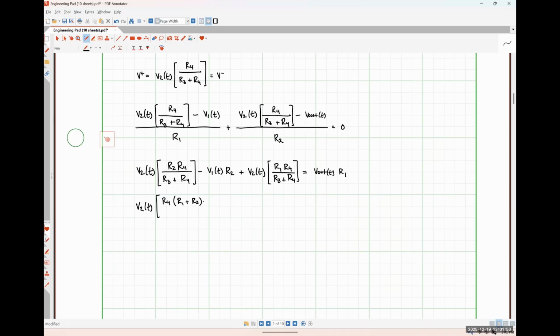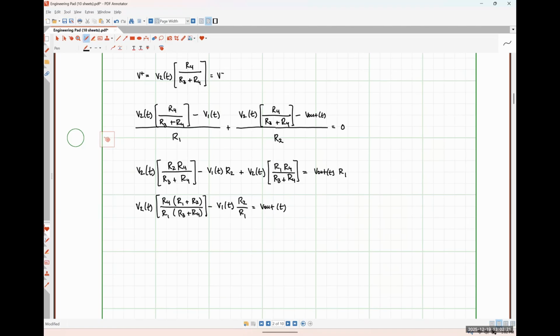If I divide both sides by R1, that will put me with an R1 times R3 plus R4 here, minus V1 times R2 over R1 is equal to V out.